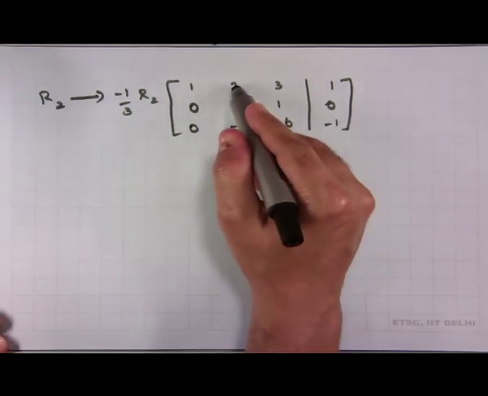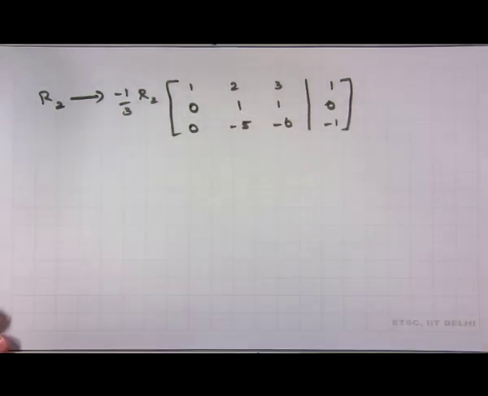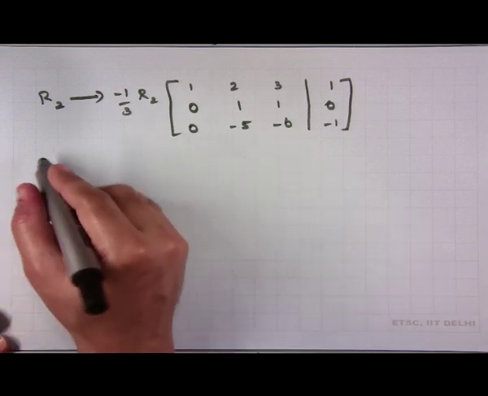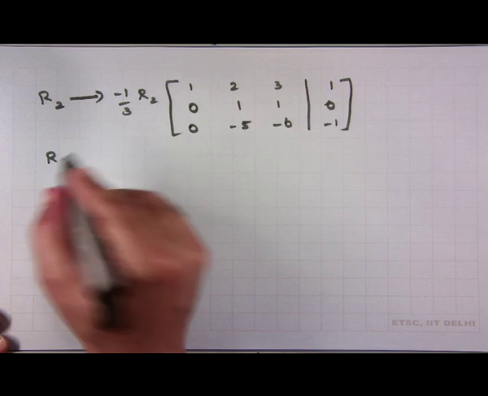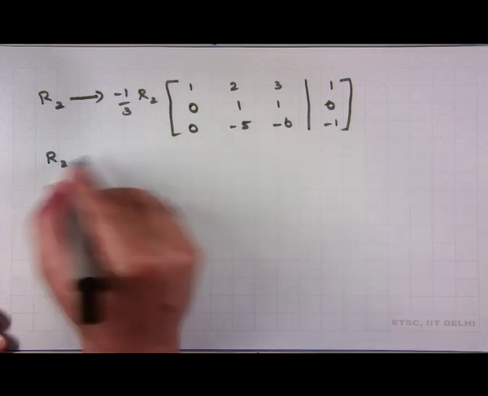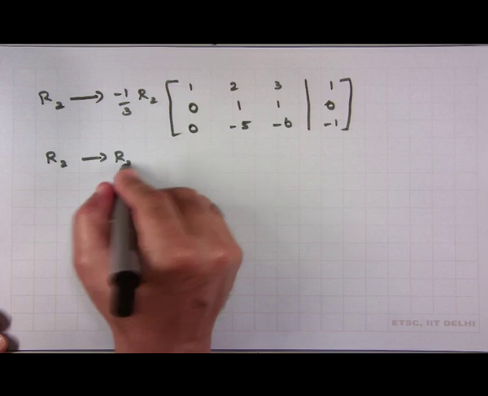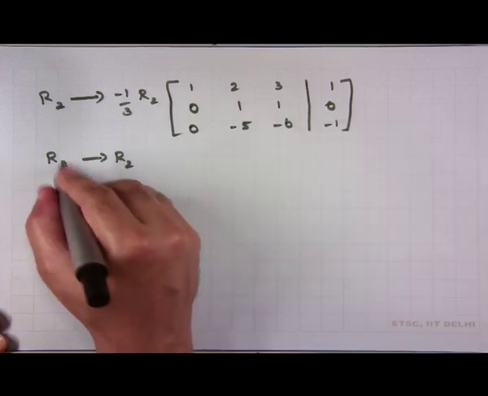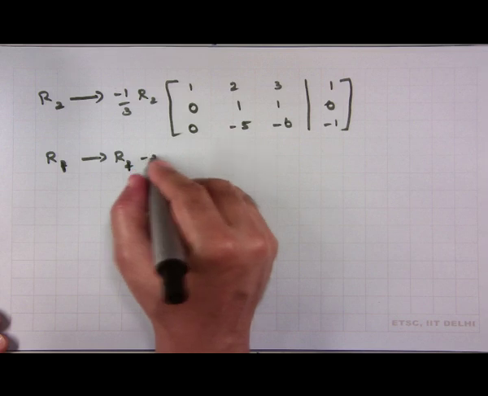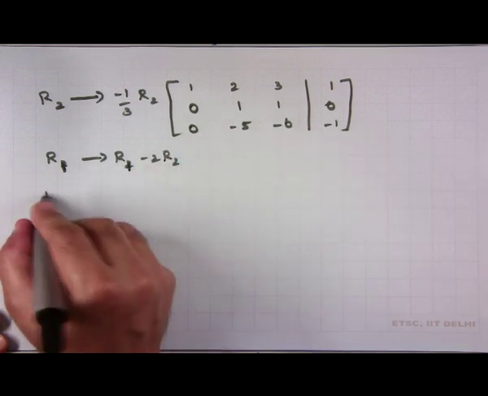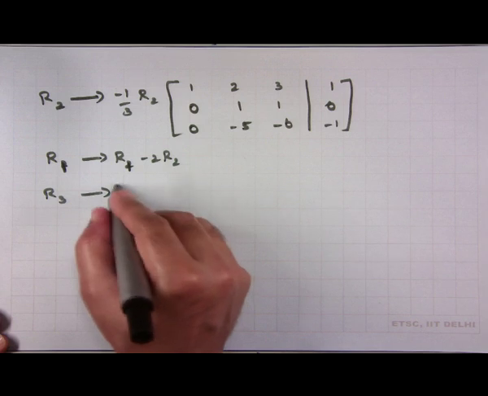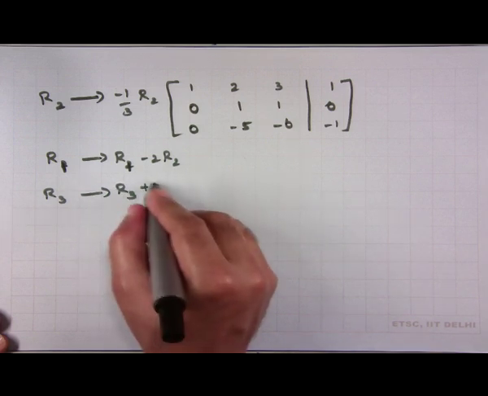Now, let us convert this 2 and minus 5 into zeros. R 1 is replaced by R 1 minus 2 times R 2 and R 3 is replaced by R 3 plus 5 times R 2.